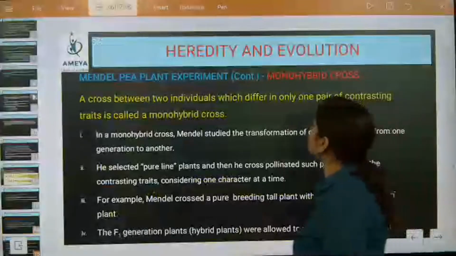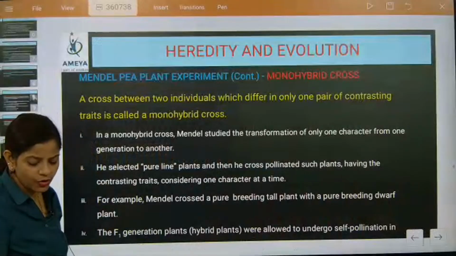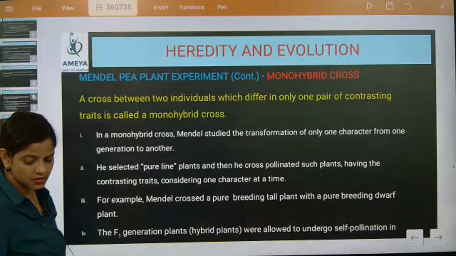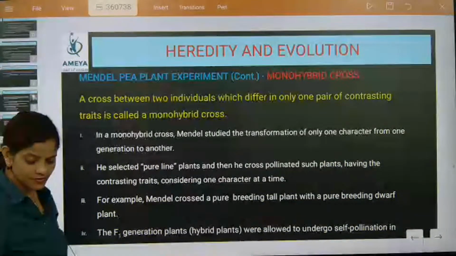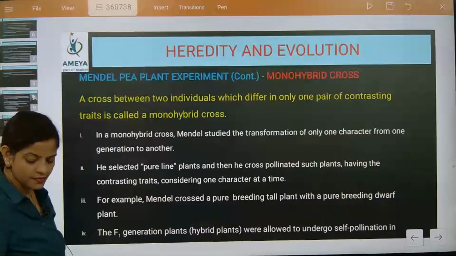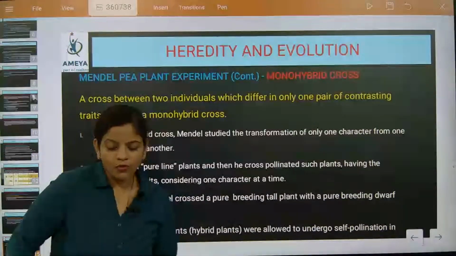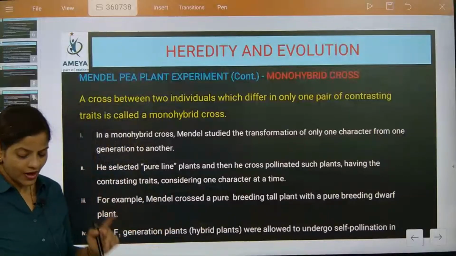So this is called monohybrid cross. Everyone, please go for monohybrid cross. Monohybrid cross means one single part.